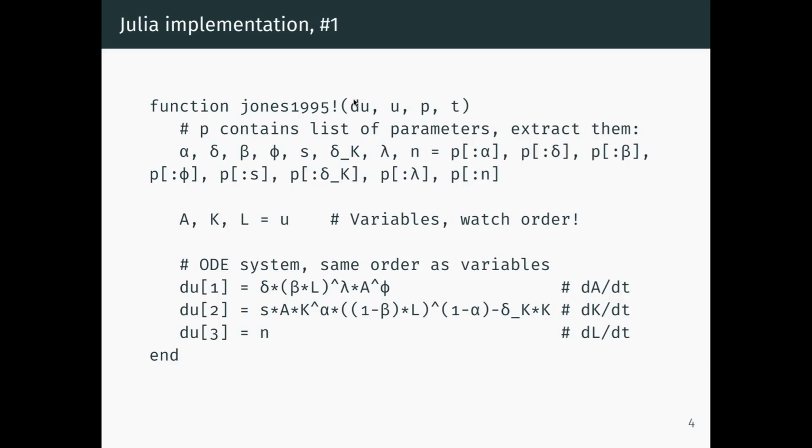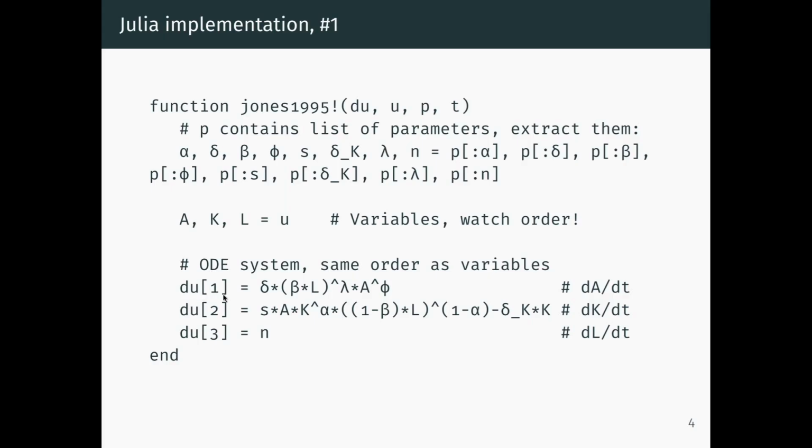du is then the change of these variables. It's an input to this function and also the main output of our function, and it's also a vector containing three elements.